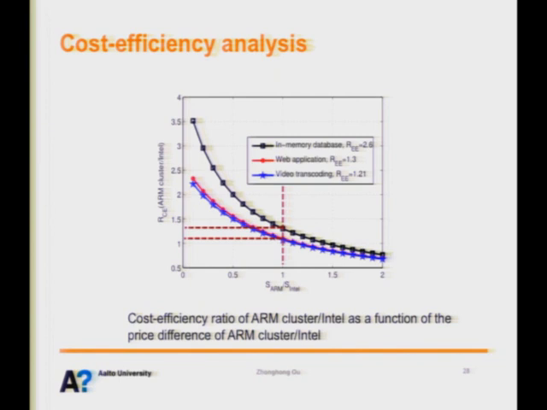Let's imagine, for instance, for the Intel processor, this 5645, it is around $500, but for ARM processors, something like $50 or $20. So the price difference is also very huge.